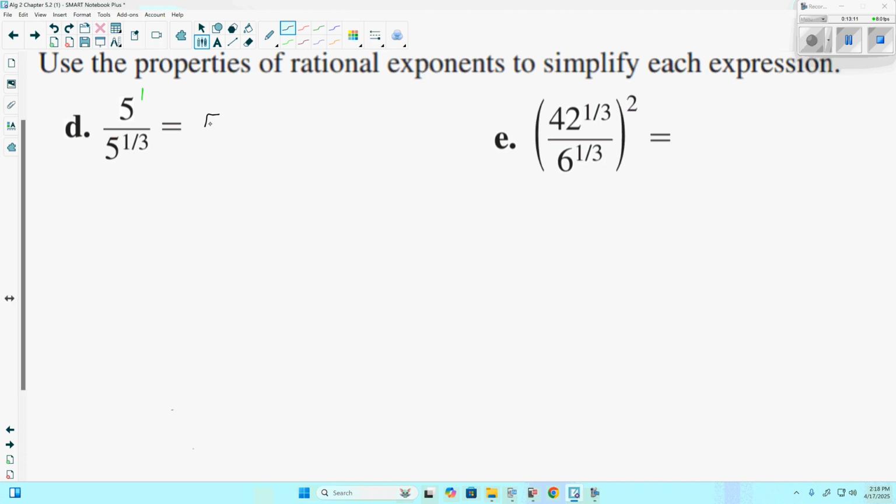So we can actually say that this is 5 to the 1 minus 1/3, because when we divide like bases, we can subtract the exponents. So 5 to the 1 minus 1/3, well, what is 1 minus 1/3? 2/3.